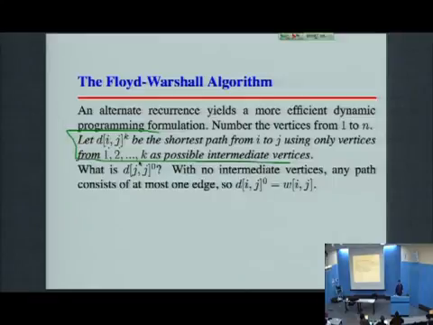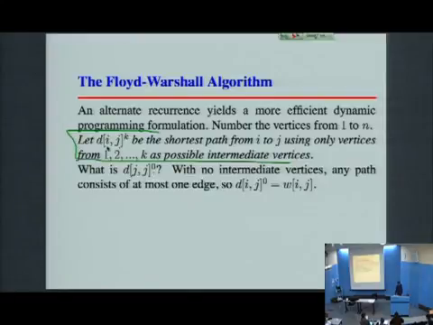Let's understand what this category is. i and j are vertices. We want to find what's the shortest path from i to j. We are not going to do it all at once. We're instead going to first compute the shortest path from i to j going through no other vertex as an intermediary.